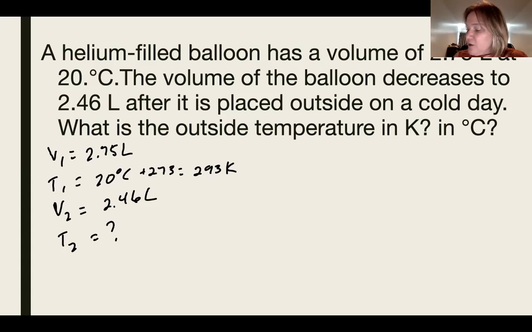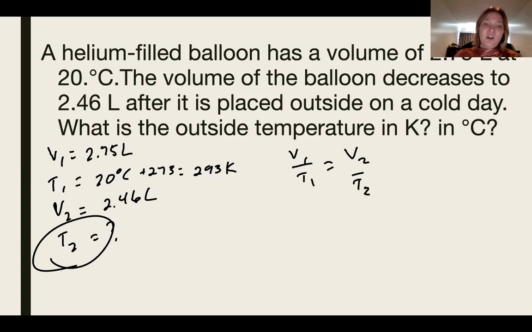The first thing I'm going to do is write out my equation, V1 over T1 equals V2 over T2. I need T2, so I'm going to solve for T2 by moving T2 up and multiplying this side by T1, so T1 goes up and V1 goes down. That's how I do it, just cross multiply.